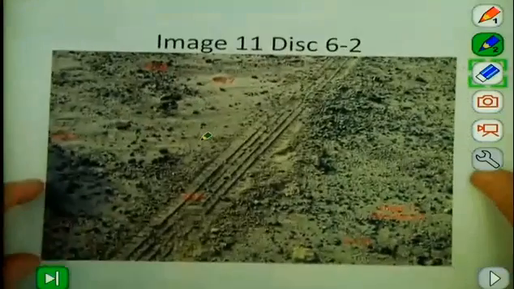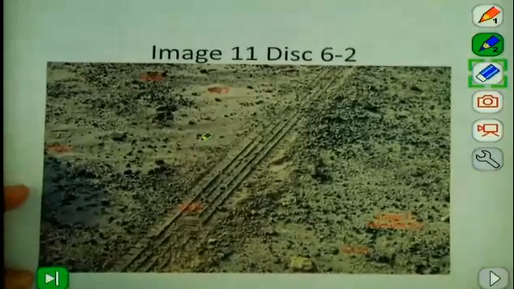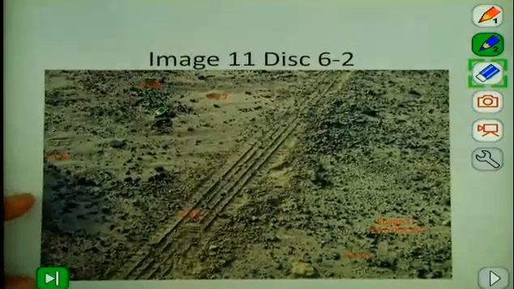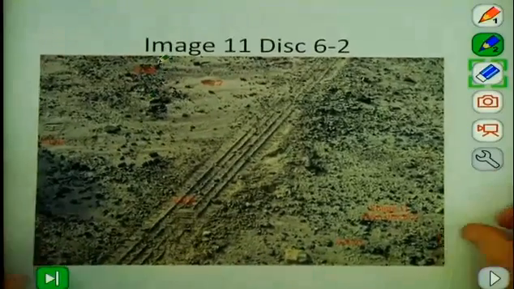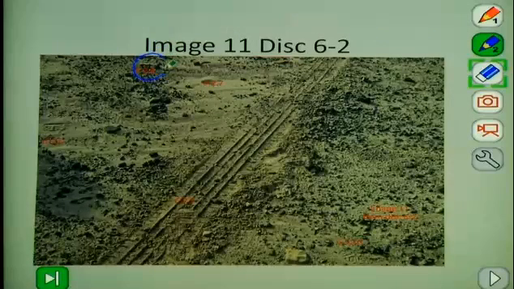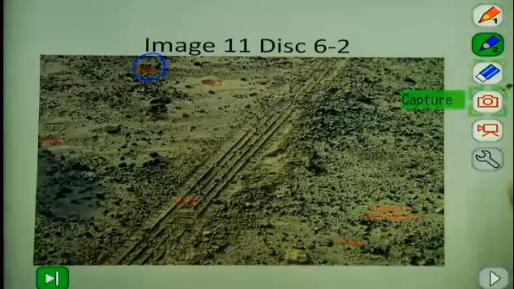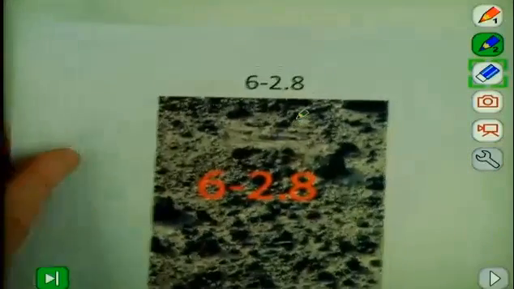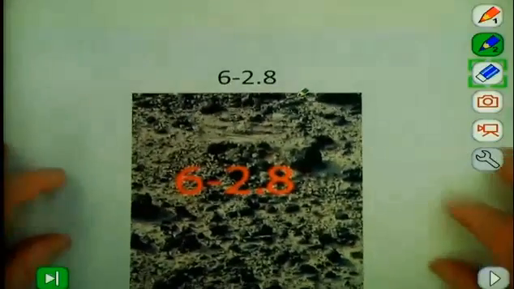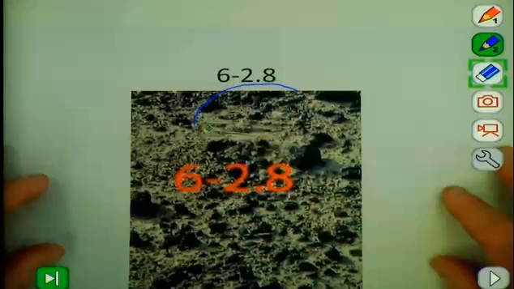Going back to image 11 here. The next one was 6-2.8. Is that shown? I believe it's right here. Okay, and I'll give you a close-up. Recognize that as that area? Yes, this area here.